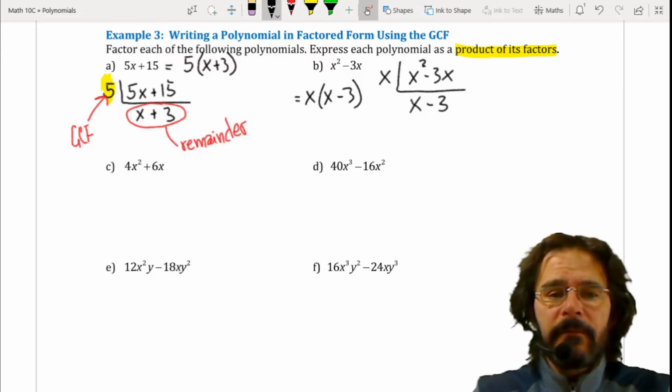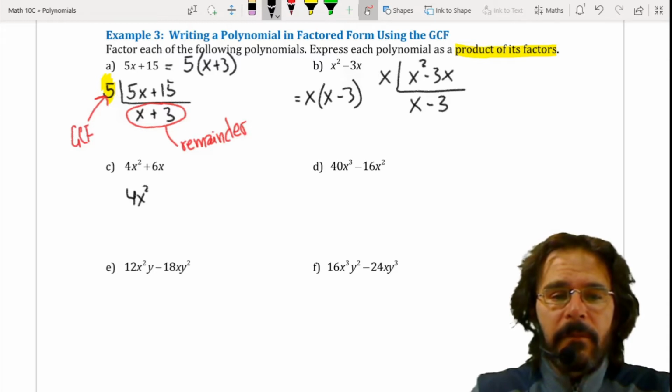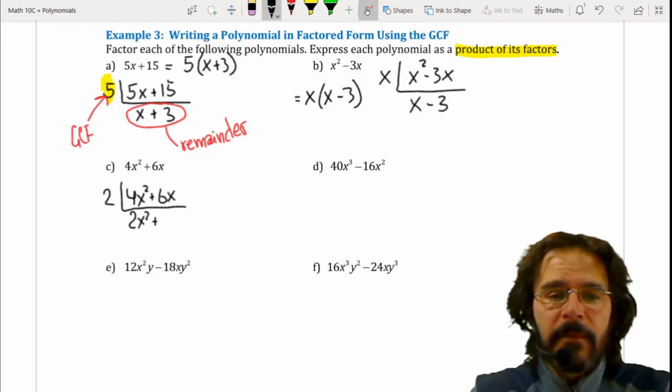Next example here, 4x squared plus 6x. We can divide out a 2, so 4x squared divided by 2 is just 2x squared. 6x divided by 2 is 3x.